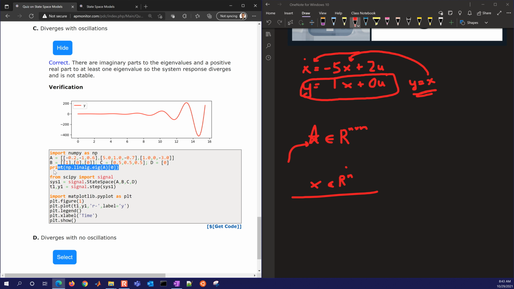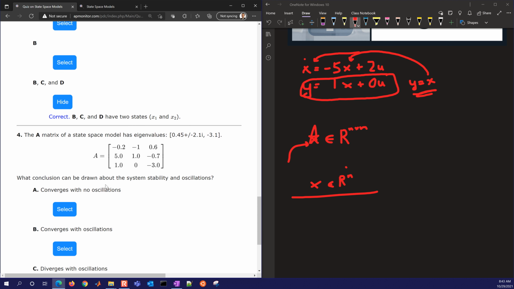Then we have our eigenvalues that we're going to print out using the NumPy linear algebra package, and then we're going to convert that to a state space model and do a step on that state space model. So step the input, and there you can see that you start to see oscillations, and the oscillations grow until about 15. It's going to continue to grow, and so that's why it oscillates and is unstable.